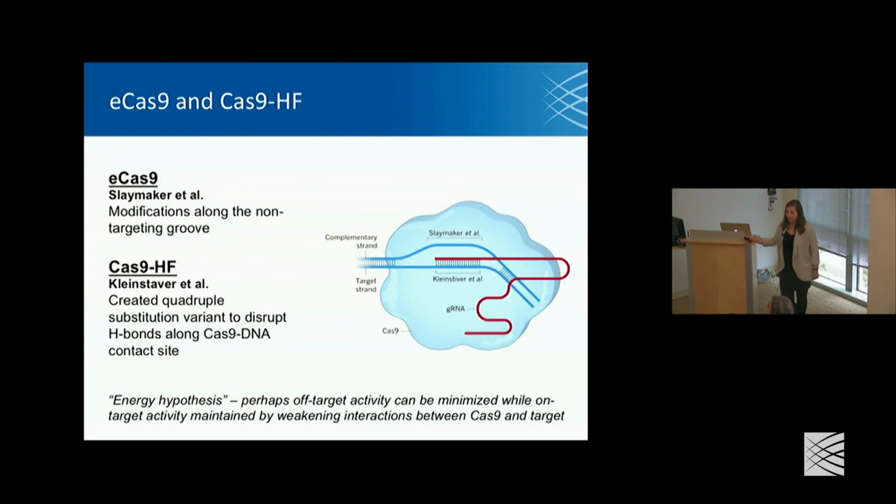Both eCas9 and Cas9 high fidelity are out there, and they're based off this energy hypothesis that perhaps any off-target activity can be minimized, while your on-target activity can be maintained by weakening these interactions between Cas9 and your target DNA. So we have eCas9 with modifications along the non-targeting groove, and Cas9 high fidelity with these modifications along this Cas9 DNA contact site.